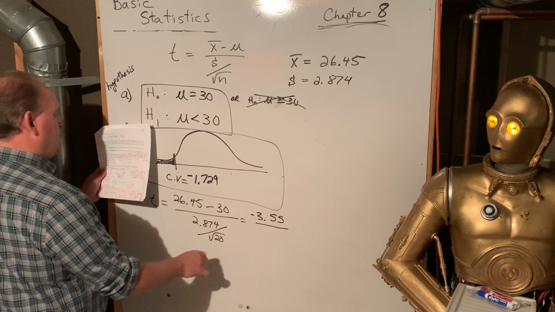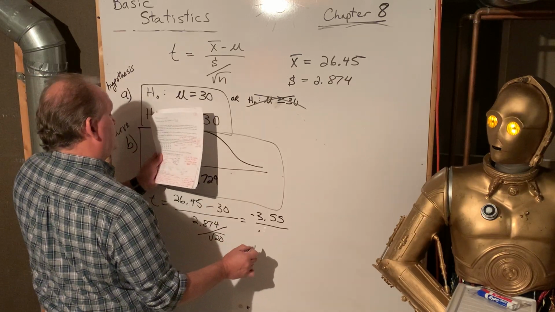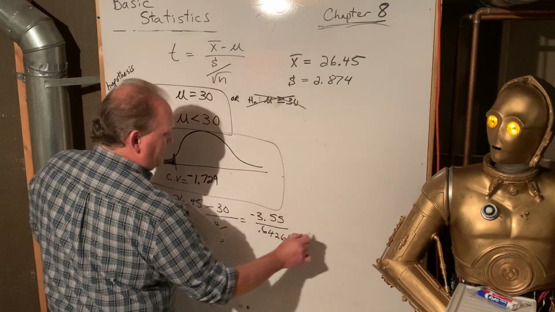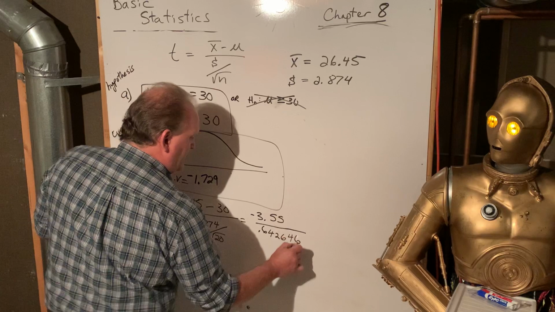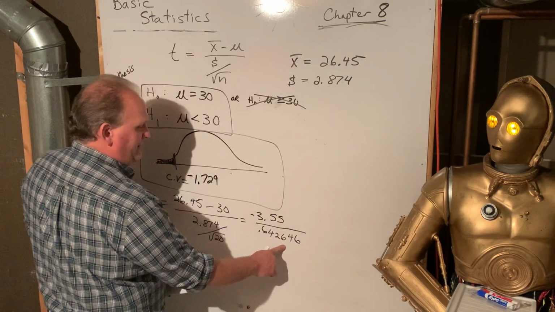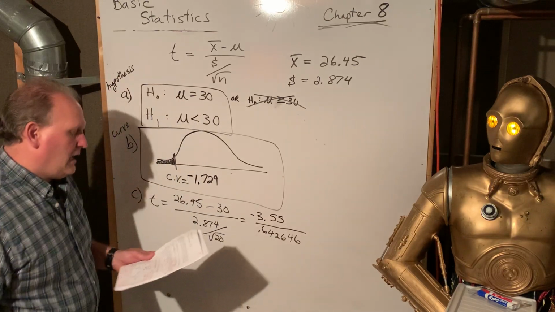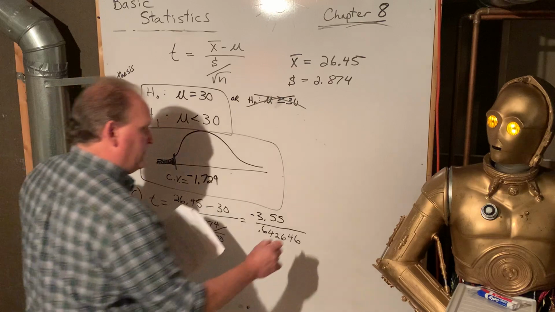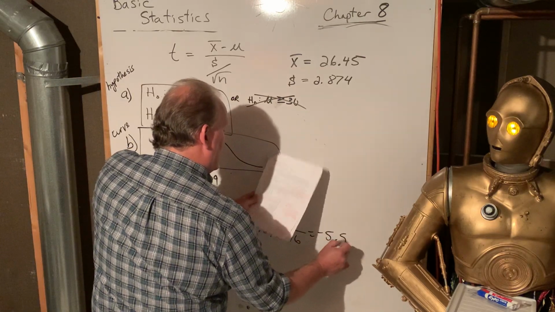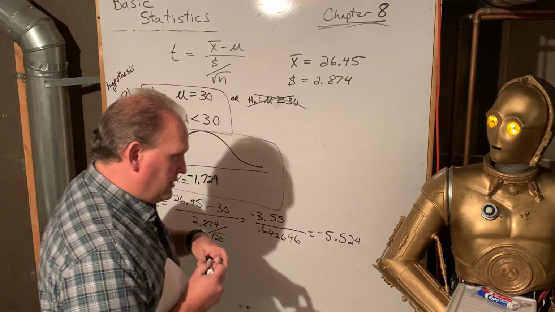On the bottom, when you divide that out, you take that divided by the square root of 20, you get 0.64264, blah, blah, blah. I'm going to round here, go 6. You could probably go 3 or 4 places after the decimal and that would be fine. So we divide it, we get negative 5.524. Is that in the shaded area or in the non-shaded area?